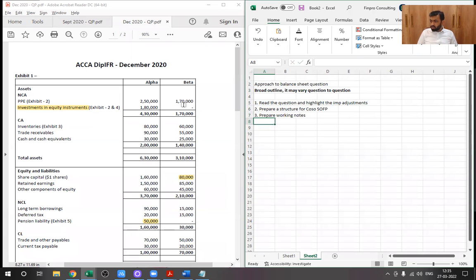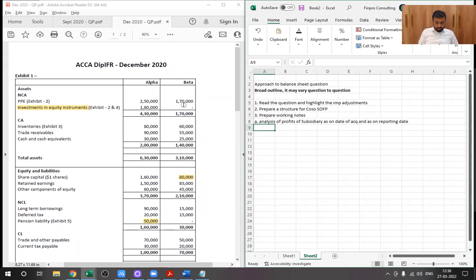Prepare working notes. Which working notes are important and will always be there? Number one, analysis of profits of the subsidiary as on date of acquisition and as on reporting date. This is the most important one.